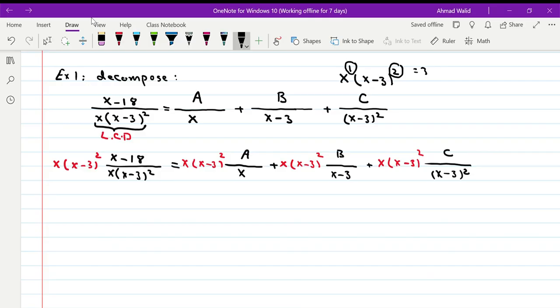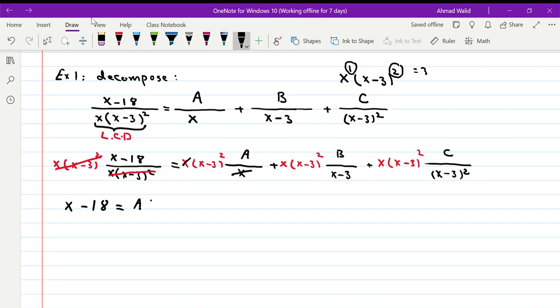Now, the next step was simplify, correct? Here, both of them cancel out on the left side. The denominator cancels out. You end up with x minus 18 equals, here x cancels out with x, what's left?